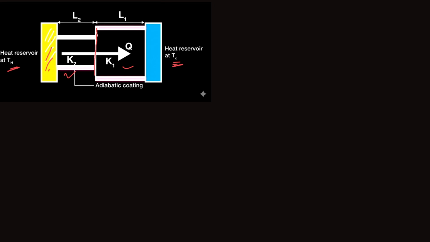Now if I apply this formula, dQ/dt is equal to K1 A1 (Th minus theta) divided by L1. For the first case I will write L2, that is K2, and this one is L2.